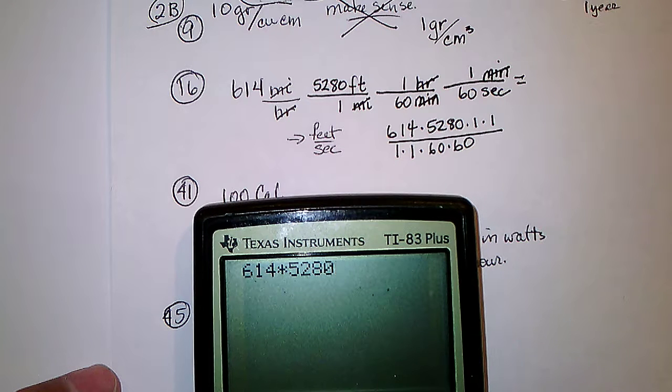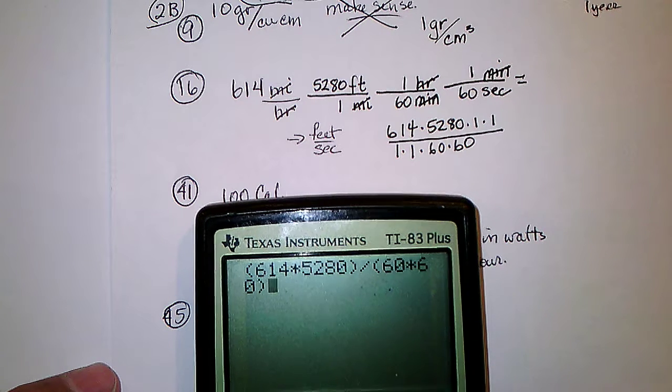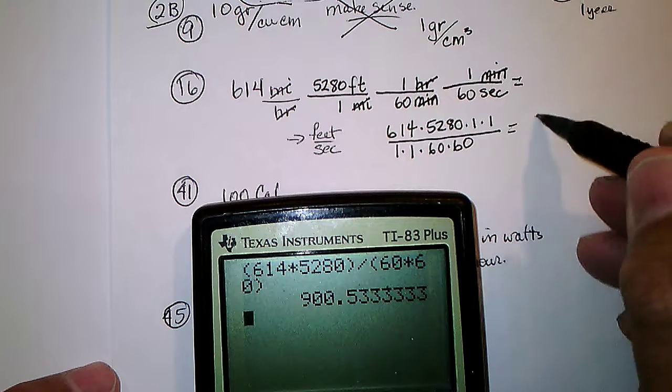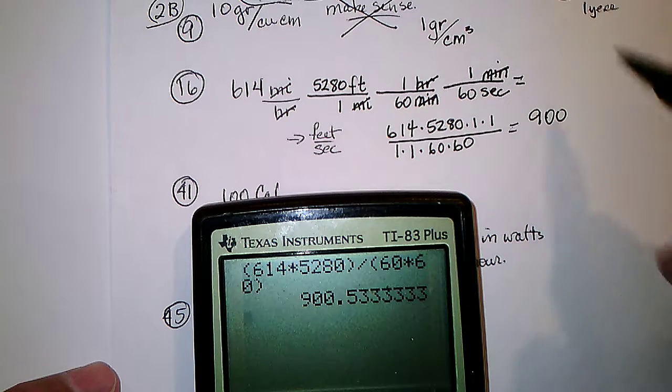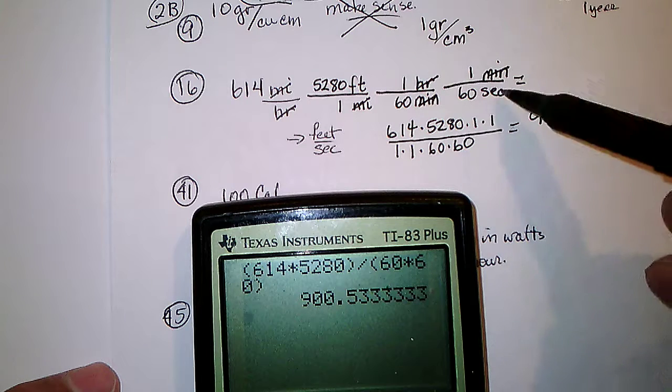That's my numerator, so I'll put that in parentheses. So I need to go back here and insert a parenthesis. Divided by, and then I have to start the denominator with a parenthesis, and 1 times 1 times 60 times 60. I don't need the ones because 1 times anything is itself. Enter, and it's going to be 900 approximately feet per second.